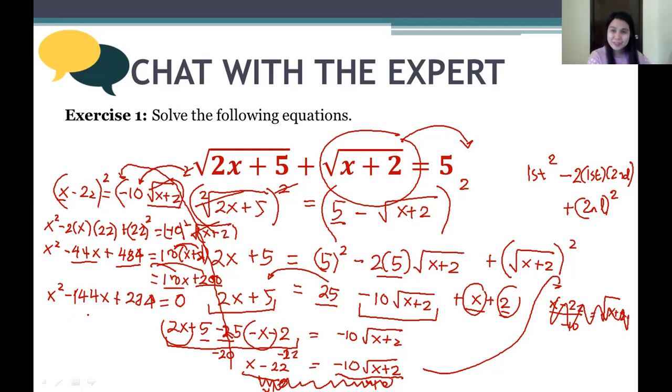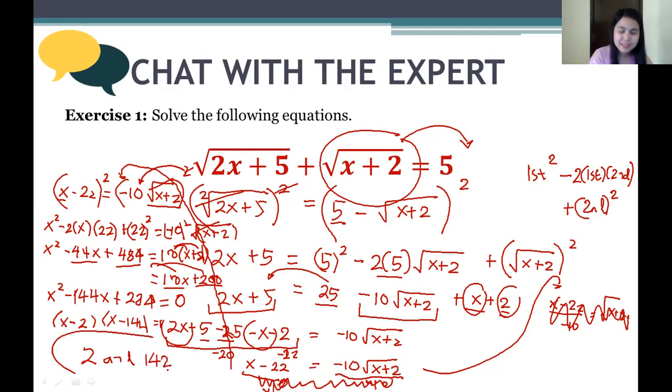So you need to solve for the roots by factoring. That's x minus 2 times x minus 142. So our answers are 2 and 142.